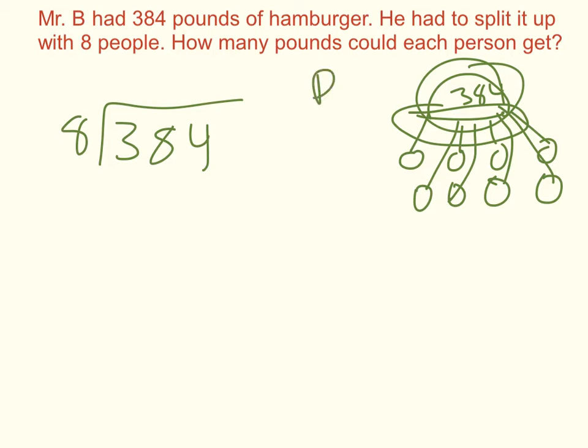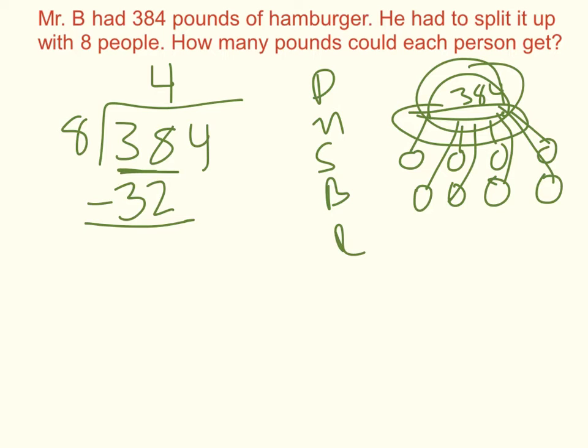So it's divide, multiply, subtract, bring down, repeat. 8 cannot go into 3, so I'm just going to jump right over and look at it as 38. 8 can go into 38 4 times, which will give me 32 if I multiply. And then I will subtract, getting 6.